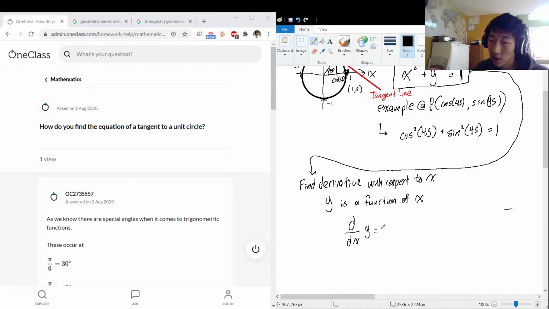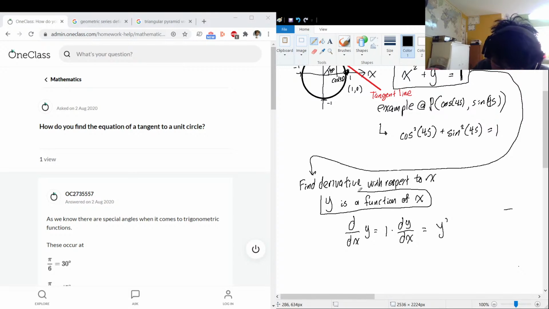So just taking the derivative by itself is not enough. We need to do the chain rule. So in this case, d/dx of just y by itself is going to be 1 multiplied by dy/dx, or it's just going to be y prime.